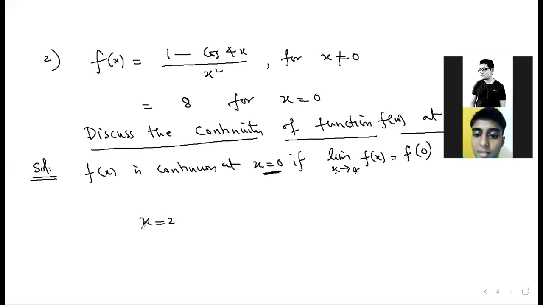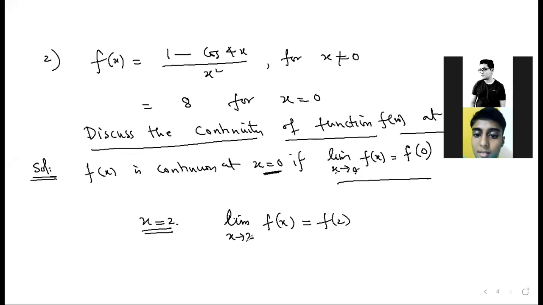When is the function continuous at x equal to 2? Look here: instead of 0, put 2.